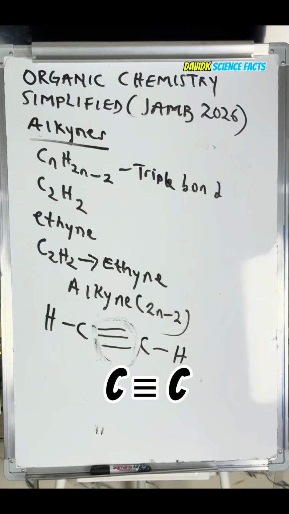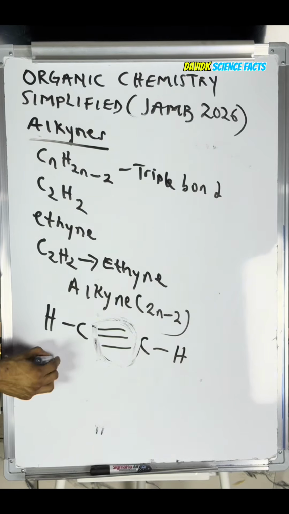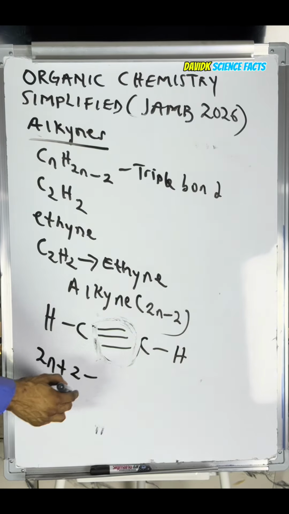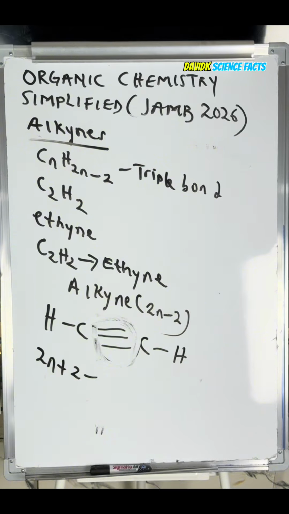This is the shortcut JAMB loves. So you don't need to cram, you just need to remember. Whenever you see 2n+2, you know it is an alkane.